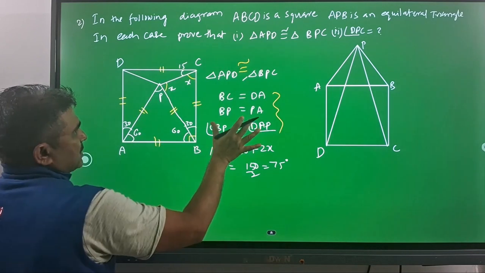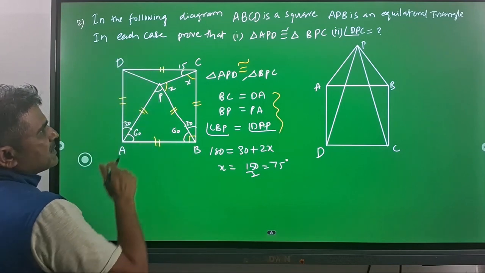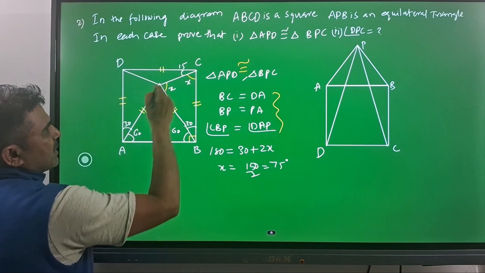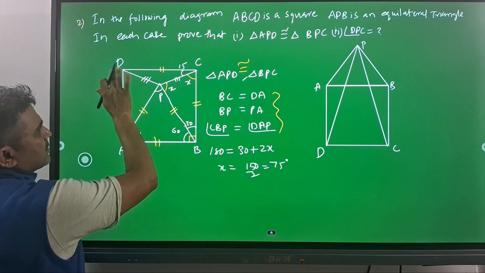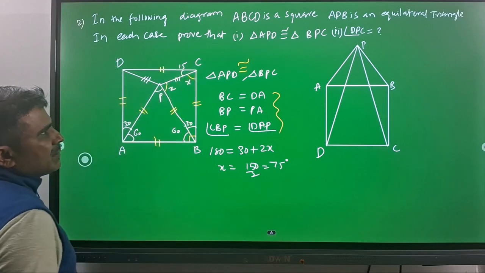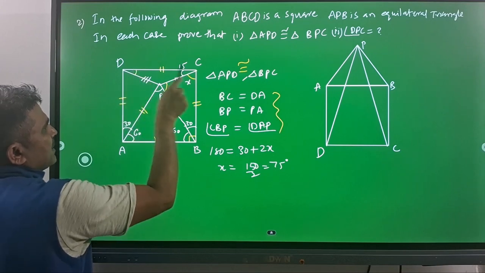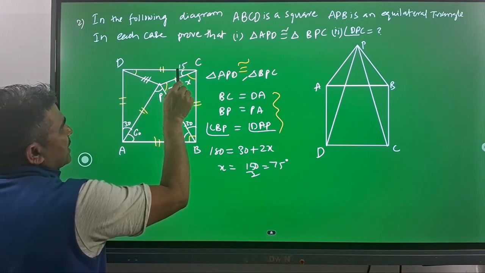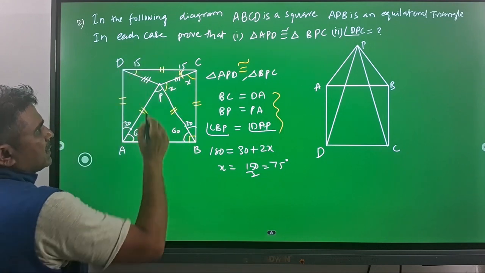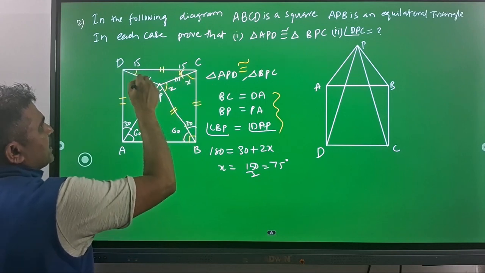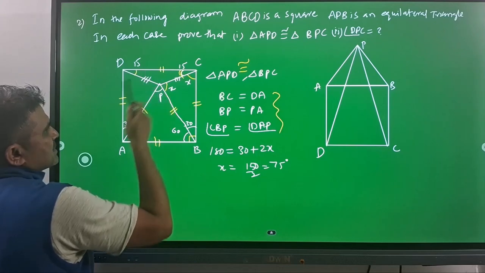According to congruency, the other sides will also be the same. So we can say the two sides DP and PC are equal. Since those two are equal, the angles opposite to those sides, PDC and PCD, are equal. So this will also be 15. Angle PCD and angle PDC both are 15 degrees, so this is an isosceles triangle.